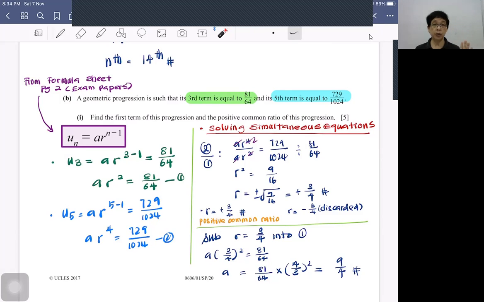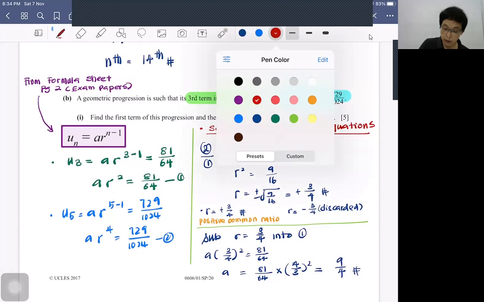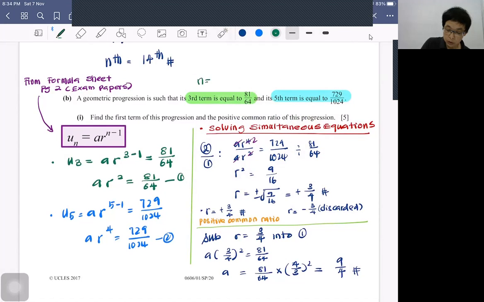Go to the formula sheet on page 2 in the exam paper and draw out the formula. Which formula would you look at? You're going to look at the nth term, because they give you the nth term. That is n equals 3, and the nth term, which is the 3rd term, is supposed to equal 81/64.